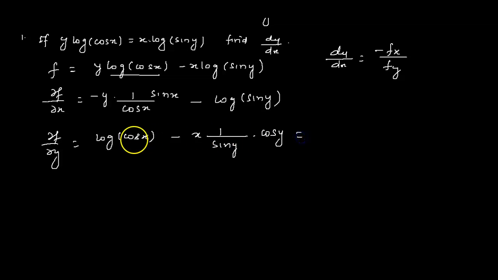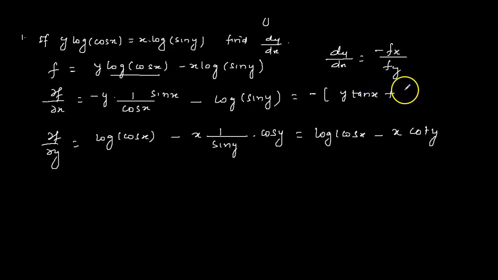Further, if we simplify, we can write log of cos of x minus x cot of y, since cos by sine is cot, and for the other, minus y tan of x, since sine by cos is tan, plus log of sine of y.